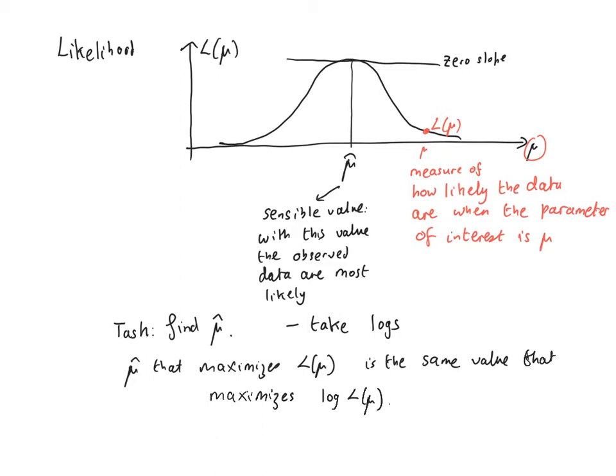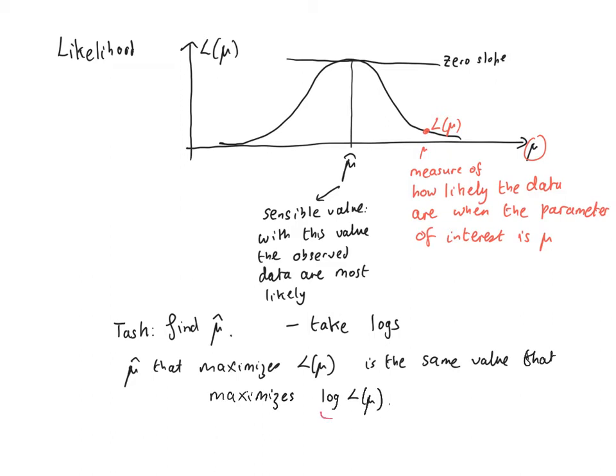If we think about the big L of mu, we'll work with this very soon, there was the exp. Taking logs gets rid of the exp and makes our life simpler. So that's the motivation for working with log of big L of mu.